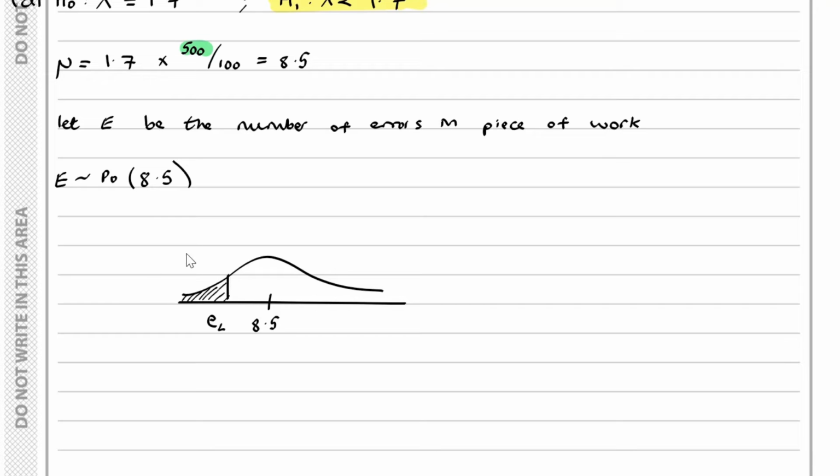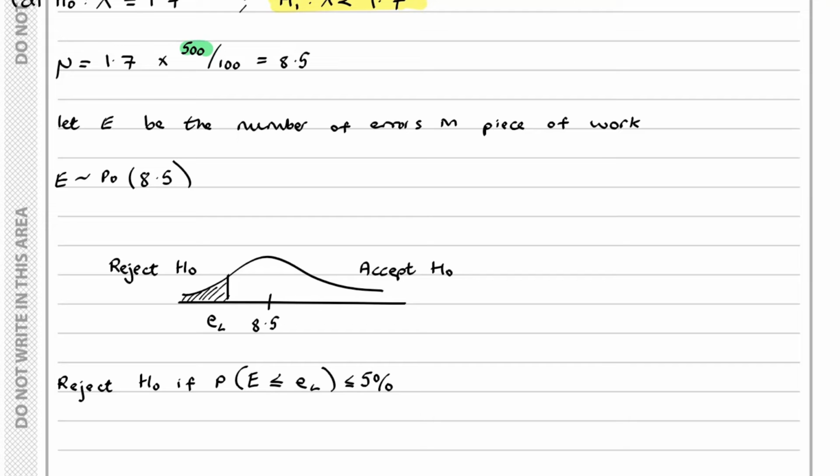Okay, so here is where we reject H0, and here obviously is where we accept H0. And hopefully you can see that we reject H0 if the probability that E is less than or equal to this lower value is less than or equal to 5%.